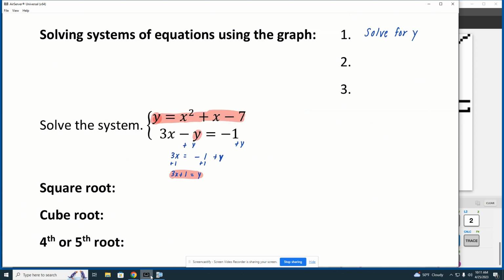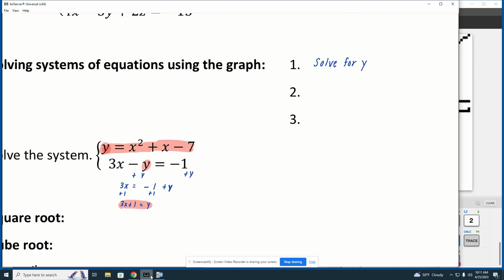Here's the point. I'm going to solve this almost the same way that I just did the other one. I'm going to go to y equals. I'm going to plug one equation into y1.